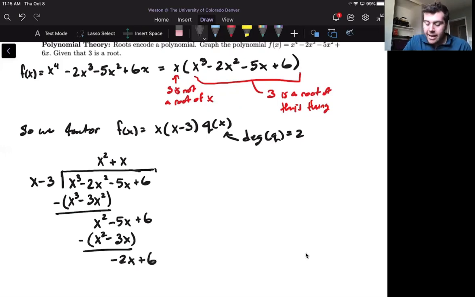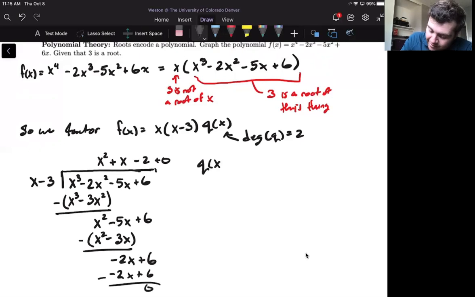And would you look at that, x minus 3 goes exactly into it by just multiplying by negative 2. We get 0. So there's no remainder at all. And so this is long division, and that tells us that q of x equals x squared plus x minus 2.